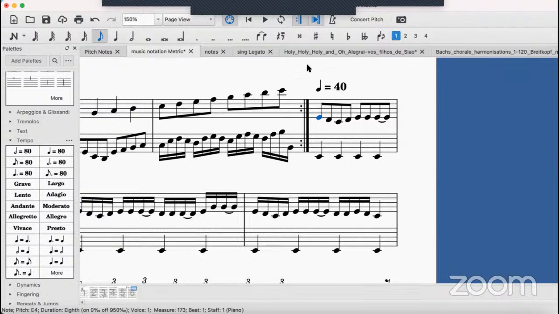When you change the speed of the quarter note, that is our reference, it will change the tempo, but will not modify the rhythm. The rhythm stays the same.